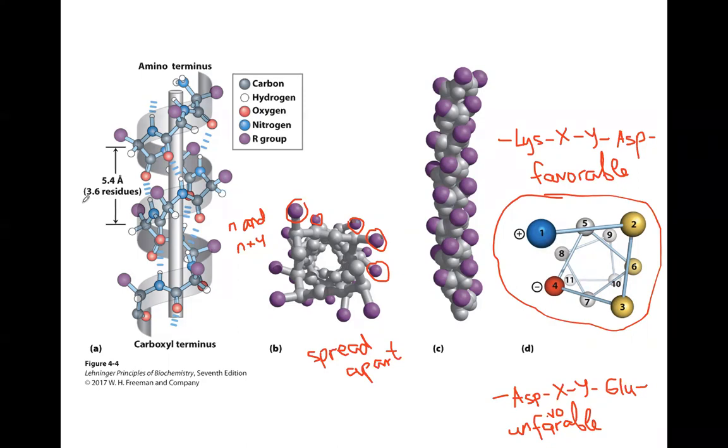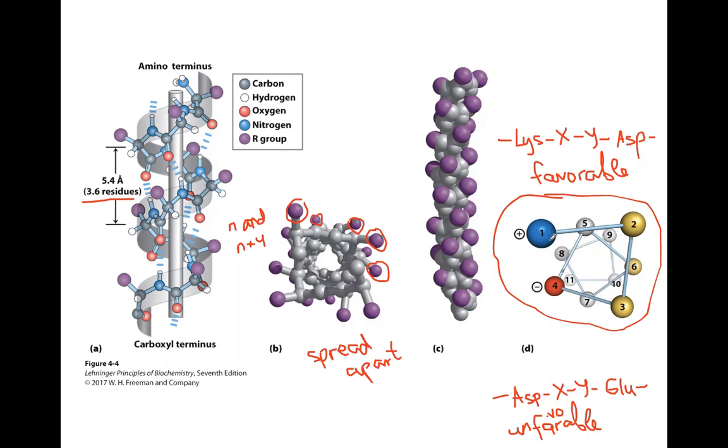You see, it's 3.6 residues, so it's not exactly a whole number. The reason for that is that the 4 is not exactly underneath of 1. It's 8 which is underneath of 1.